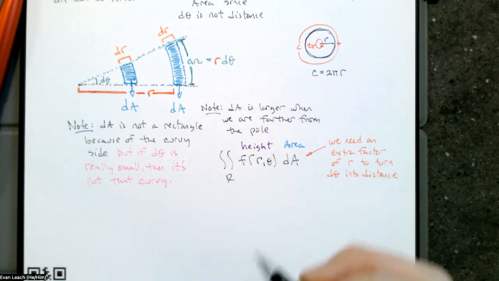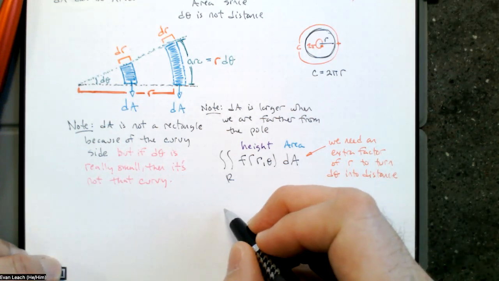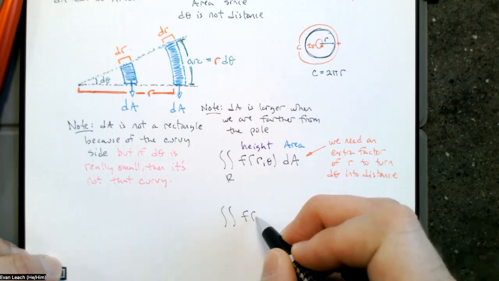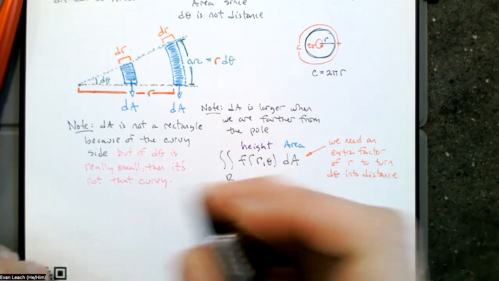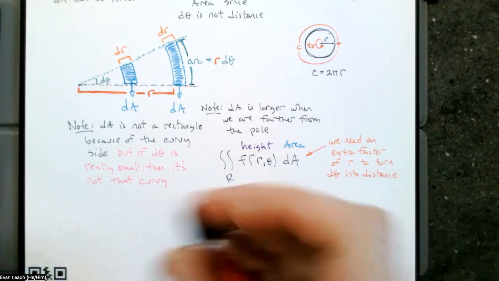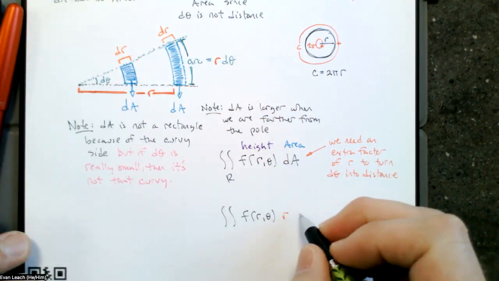So in polar coordinates, the dA is going to have a factor of r times d theta.